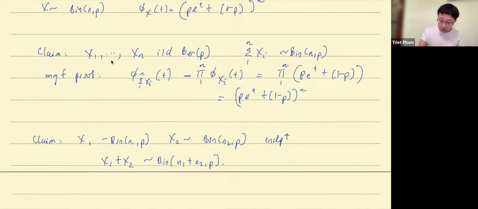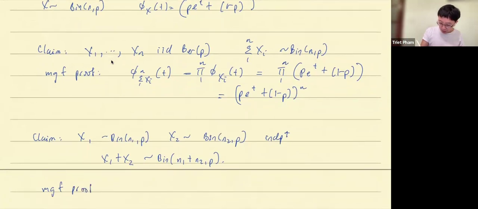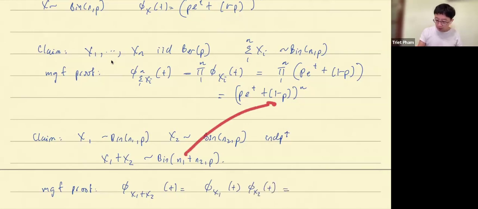But if you want to do the MGF approach, well, what is it? The moment generating function of the sum is the product of the moment generating functions, and individually they're like that, with N1 and N2.